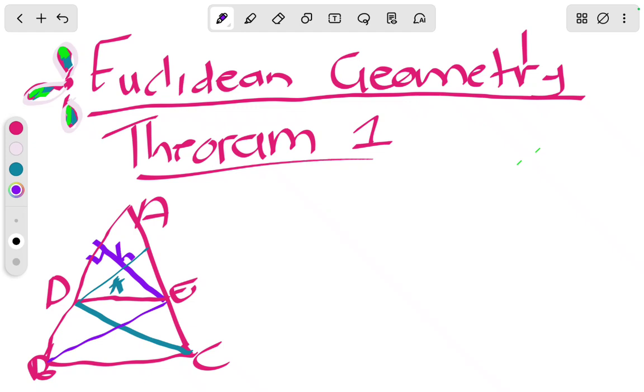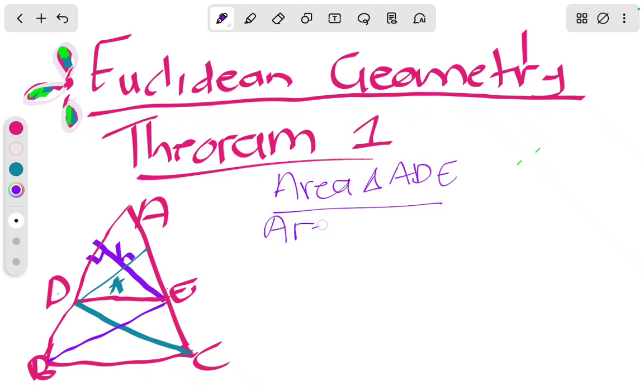Firstly, we're going to say the area of triangle ADE divided by the area of triangle BDE.